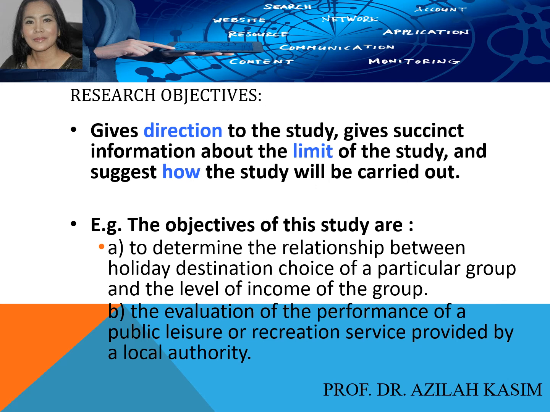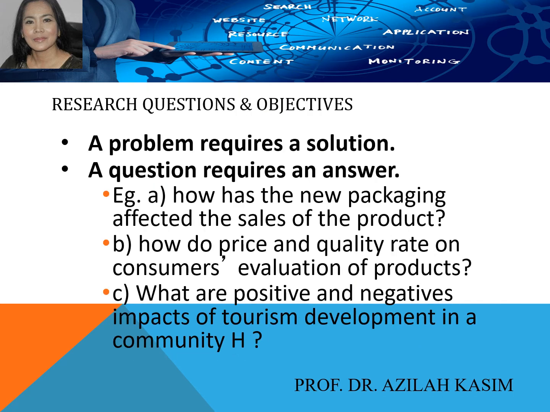Those are just examples of objectives of study. It can be many things. What you need to understand is it depends on your topic. It depends on the gap of research you're looking at, and what research questions you have come up with based on the gap of studies that you have looked at.